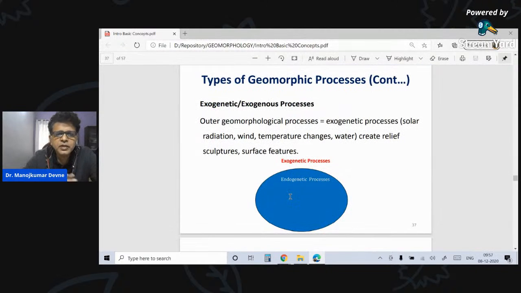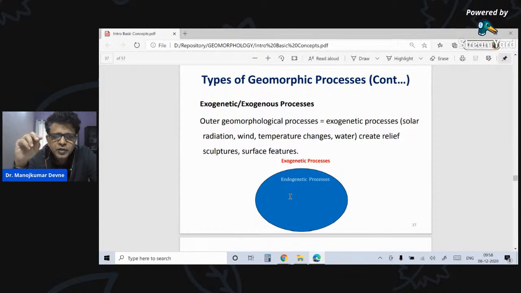Now, let us come to the types of geomorphic processes. Exogenic or exogenous processes. Because this presentation is that way, they have started with exogenic first. If I would be doing this presentation, I would have started with endogenetic first. Anyway, eventually we need to come back to the same point, and that is geomorphology.